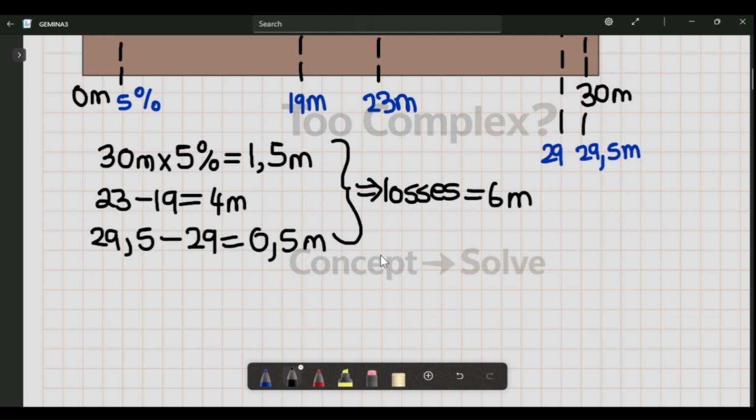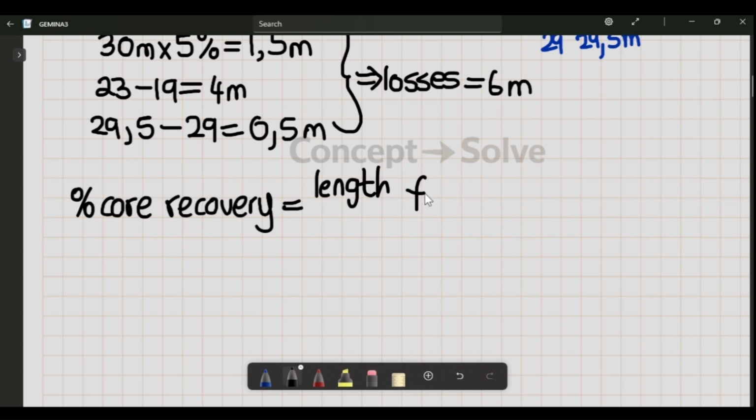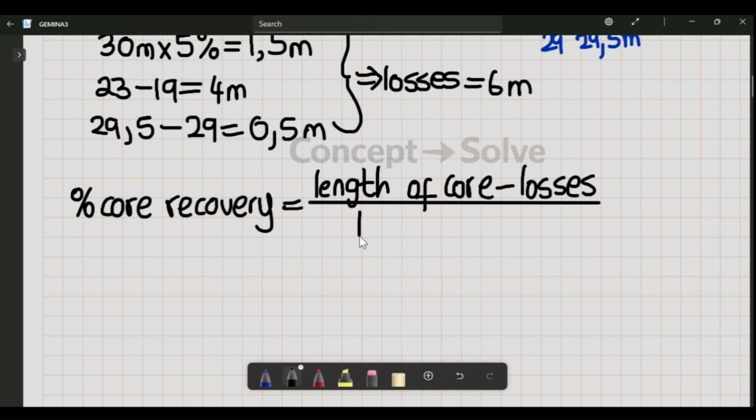So to get the percent core recovery, we're going to say length of core minus losses over the length of core times 100.